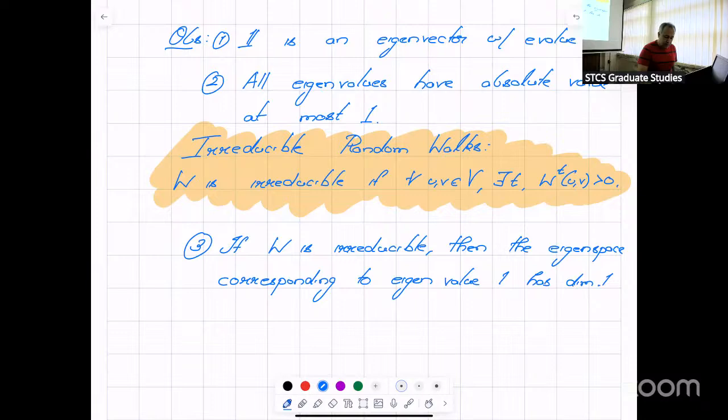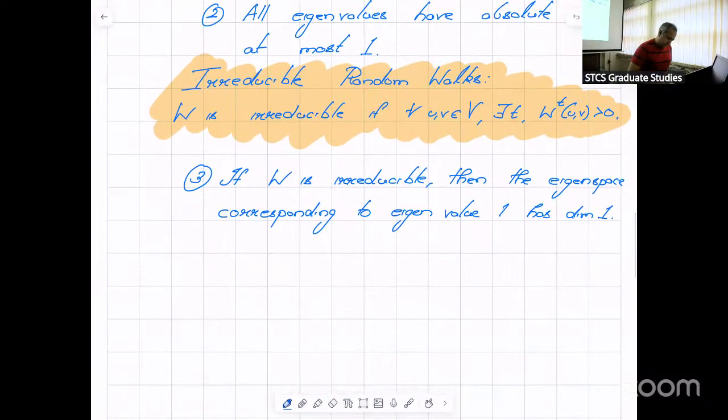In other words, the all ones vector and scalings of the all ones vector are the only vectors that live in it. Let's see a quick proof of this.